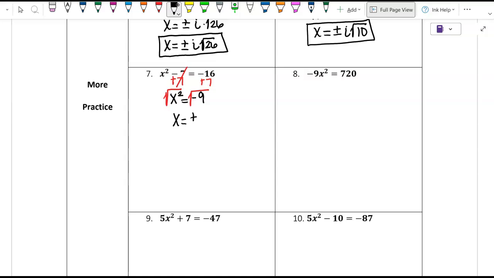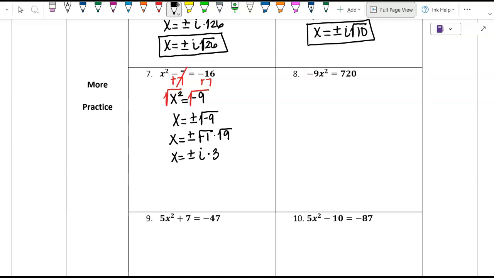So x equals plus or minus the square root of negative 9. Again, we can separate out that square root of negative 1. So x equals plus or minus the square root of negative 1 times the square root of 9. So x equals plus or minus, we're going to replace the square root of negative 1 with i.